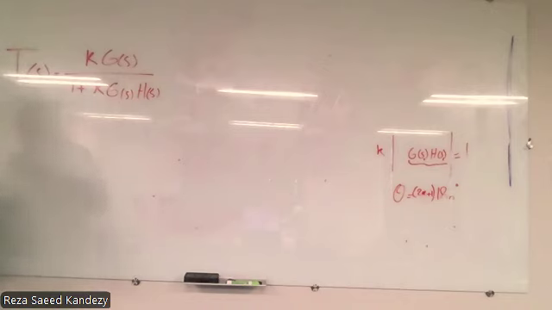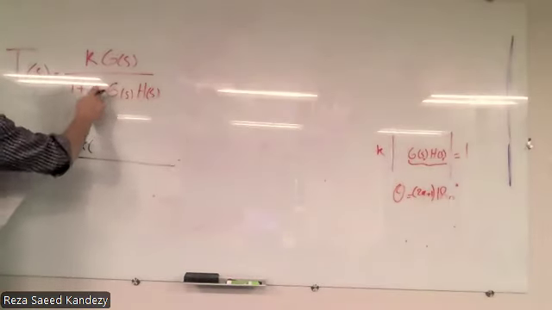K times, this is the closed loop already, we did the closed loop, so it's K over 1 plus KG, okay?